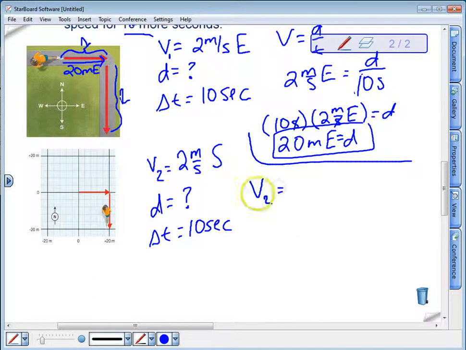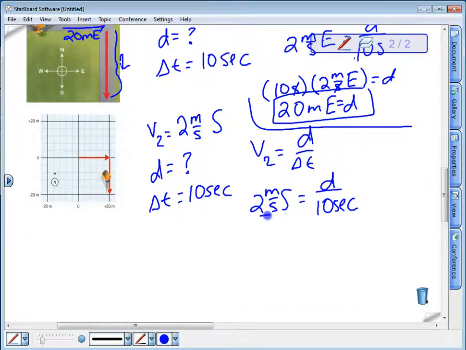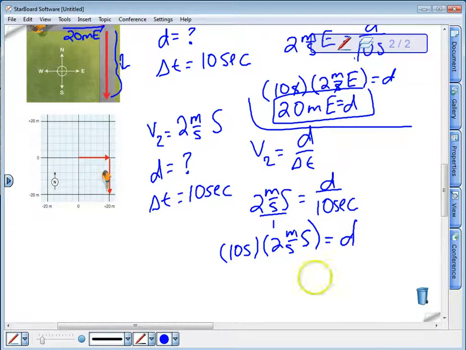So my second velocity is displacement over change in time. I know my second velocity was 2 meters per second south, displacement I don't know, change in time is 10 seconds. So I can solve by algebra or by cross multiplying, and I get 10 seconds times 2 meters per second south gives me my displacement.